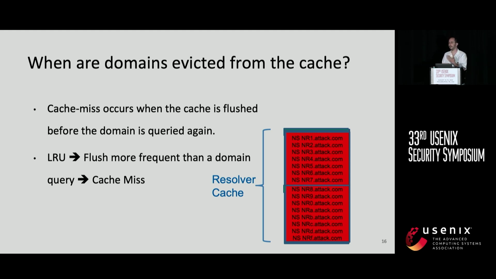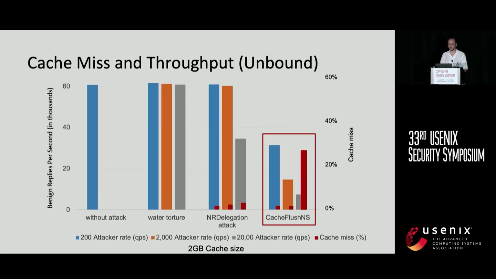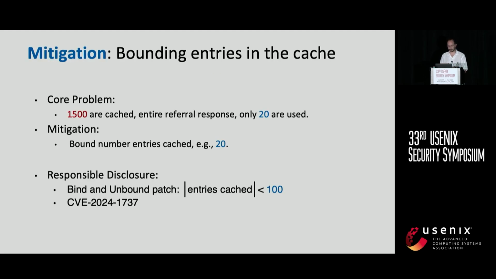And here, a cache miss will occur when usenix.com is queried again, and then the recursive resolver needs to query the whole chain, from the root to the TLDs to the SLDs, all over again for this usenix.com domain. Here is an example of the results of our paper. This is for a 2 gigabyte cache size on Unbound. You can see the throughput reduced and the cache misses increased.